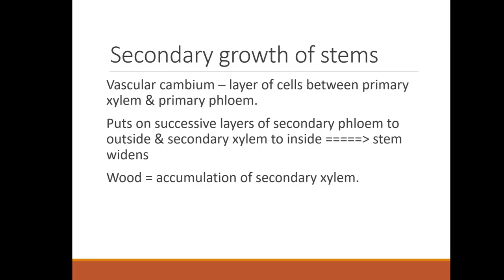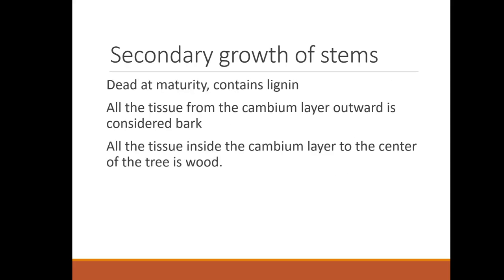So vascular cambium is a layer of cells between the primary xylem and the primary phloem. It puts on successive layers of secondary phloem to the outside and secondary xylem to the inside, and that increases the stem. And wood is the accumulation of secondary xylem. It's dead at maturity and contains lignin.